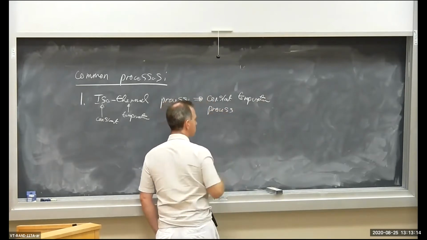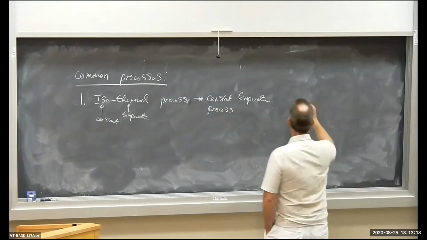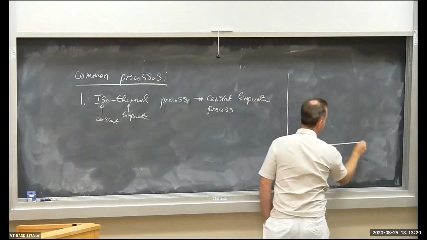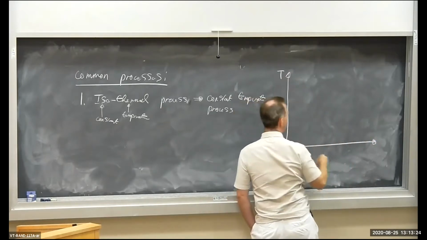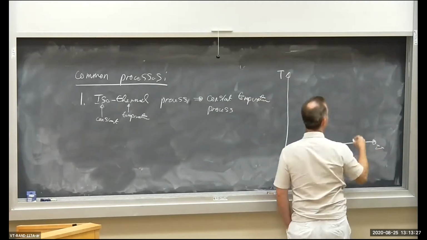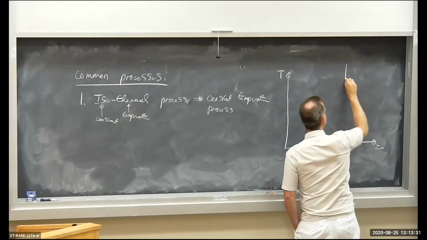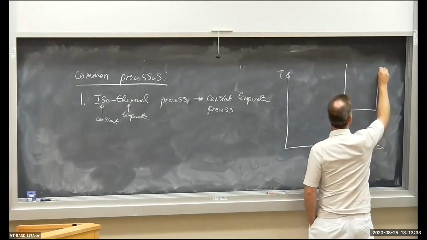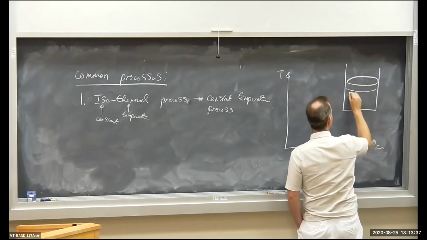In terms of a diagram, the isothermal process can be viewed, let's say we have again a TV, temperature volume diagram. So we have some kind of a piston cylinder device. So here's our system.